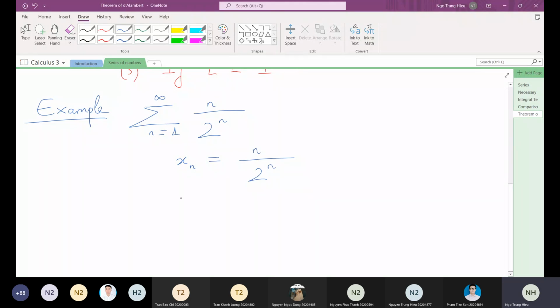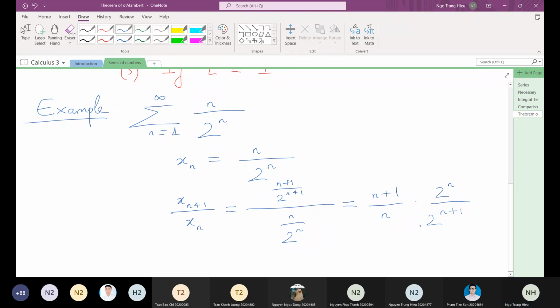So we form x sub n plus 1 over x sub n, right? So it's n plus 1 over 2 to the n plus 1, over n over 2 to the n. Now you can see that this is n plus 1 over n, times 1/2, right? 2 to the n over 2 to the n plus 1.